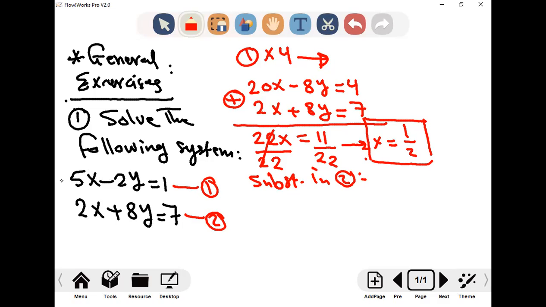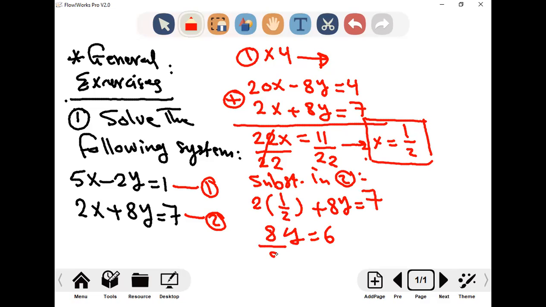So you substitute in 2, replace x by 1 over 2: 2 times half plus 8y equals 7. Now 2 by half is 1, put it there, 7 minus 1, so 8y equals 6.